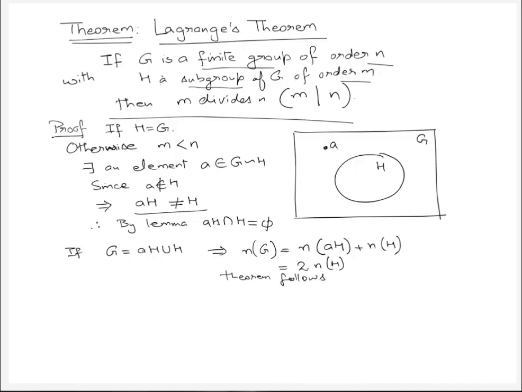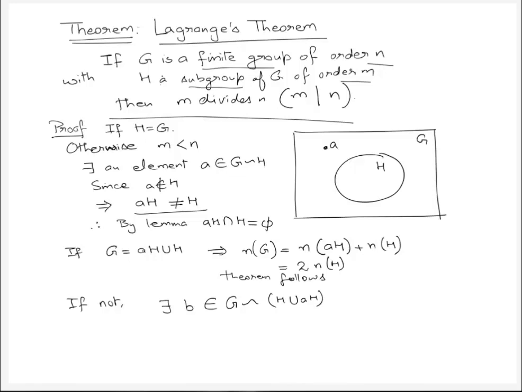But if not, then again there exists some element, say b, such that b belongs to G, but b does not belong to H or aH.